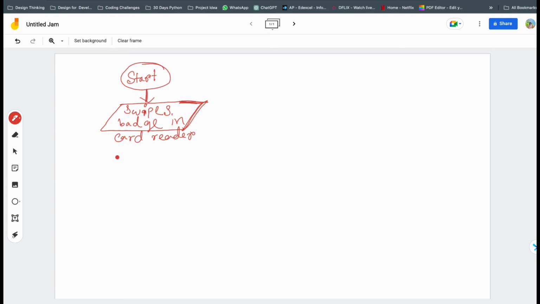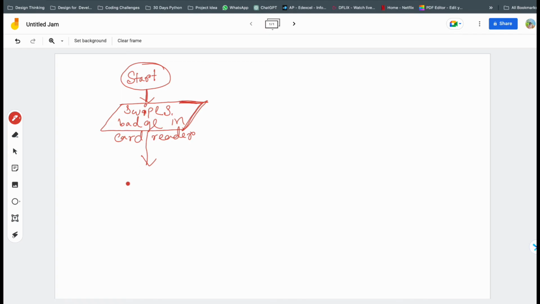Okay. After that, when the employee swipes the pass in the card reader, what happened? The database is searching. Is the specific card badge matching the database or not? So this one, the system is processing, right? When a system is processing, always use a rectangle.